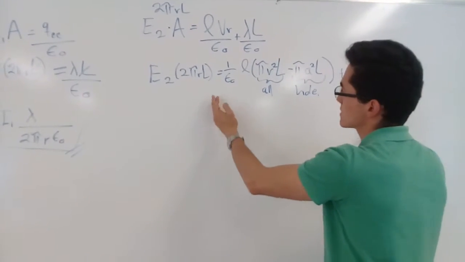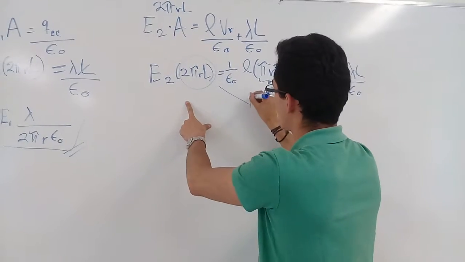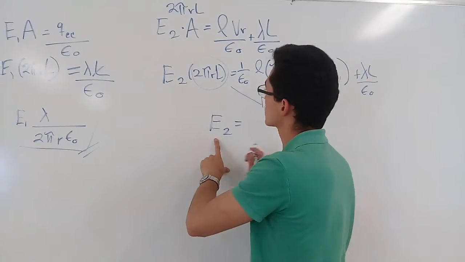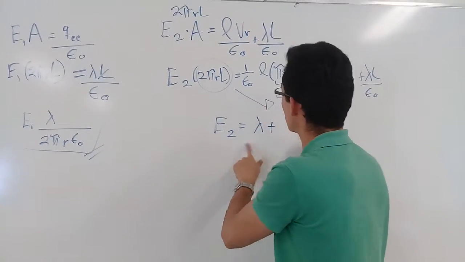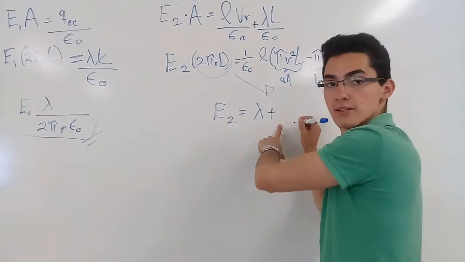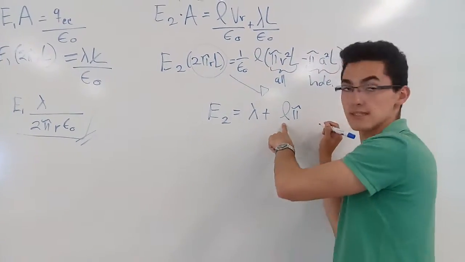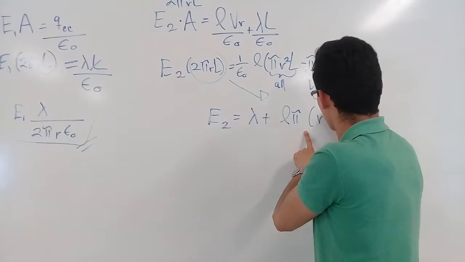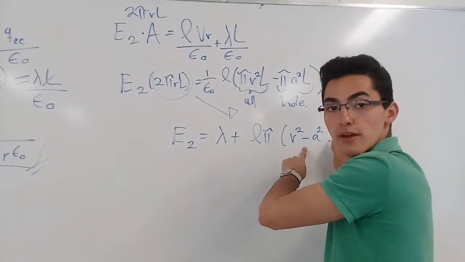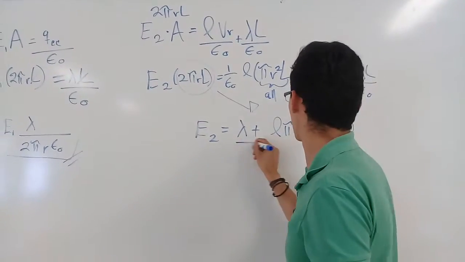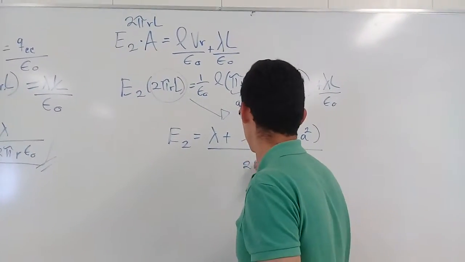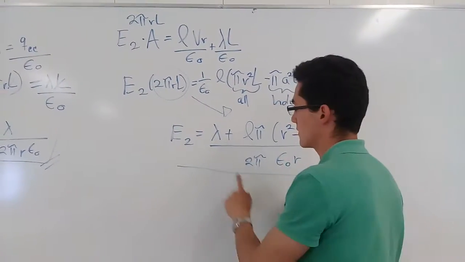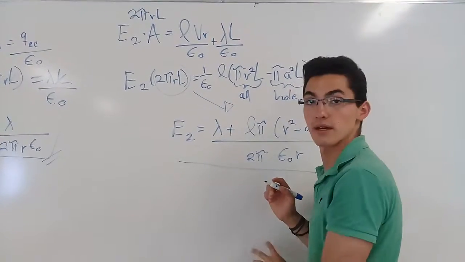Once we have this equation, we get 2 pi r in this part, and we obtain that our second electric field is equal to lambda here plus our density times pi by r squared minus a squared, and this all over 2 times pi, our constant, r. And this is the result for our second electric field.